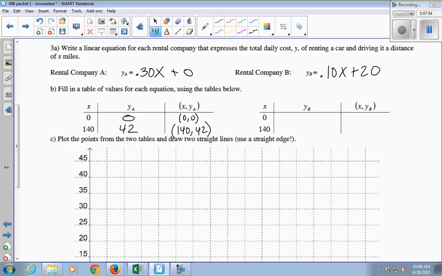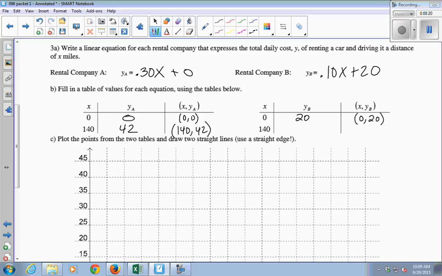All right, I'm going to figure out the same distances. Using the same distances, I want to figure out the cost for company B. For company B, if you drive 0 miles, how much does it cost? $20, right? Because they charge you $20 no matter what, even if you're just going to sit in the parking lot. It's $20. Okay, so the ordered pair is going to be 0, comma 20.